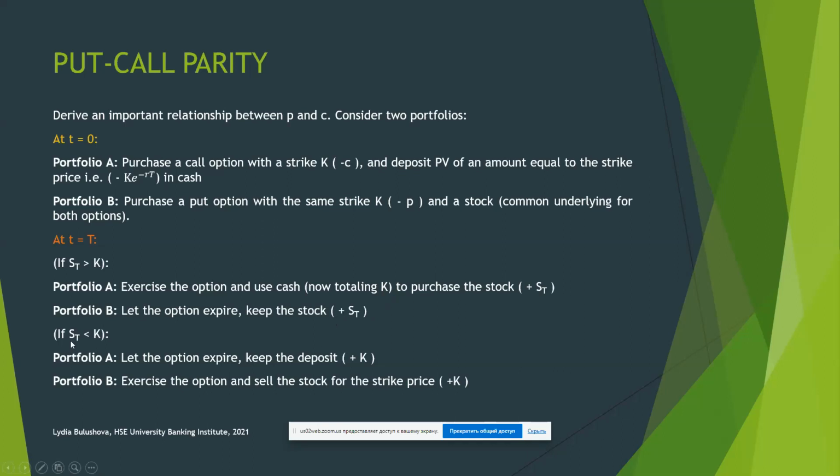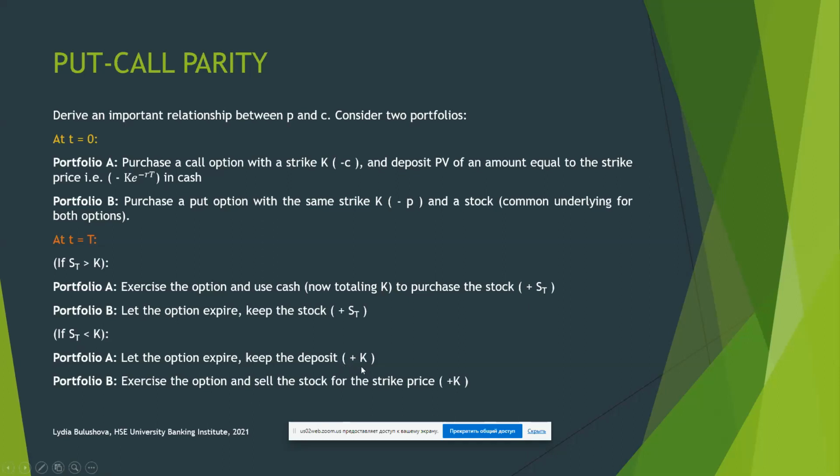If S_T is less than K, so the stock price is 50 while the strike is 100, I let the option expire. I'm not willing to purchase something for 100 while its market price is 50. So I just keep the deposit.